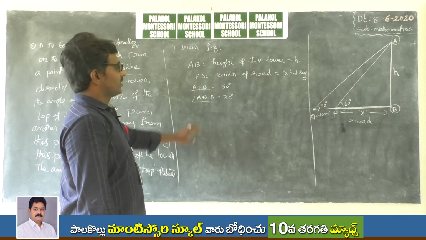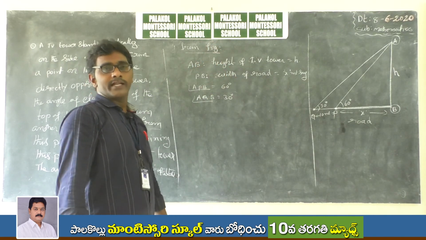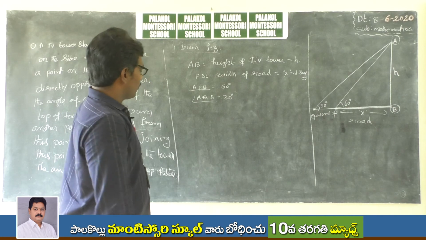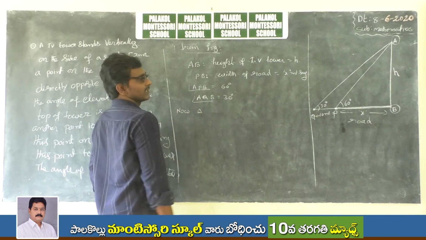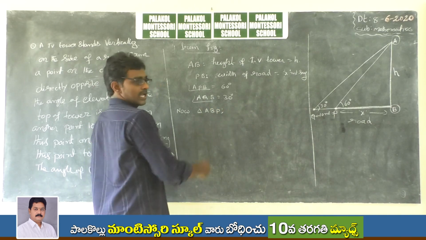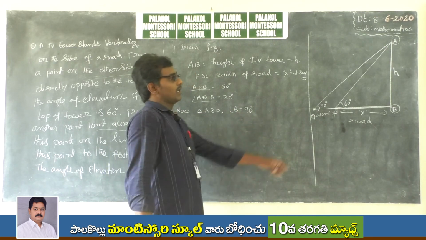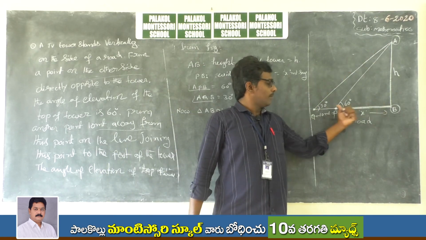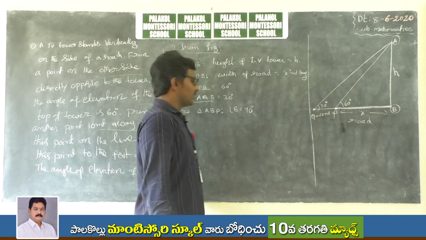Now you find the width of the road and the height of the TV tower. When you find both, the sum is over. First I take the triangle ABP, where angle B is equal to 90 degrees.